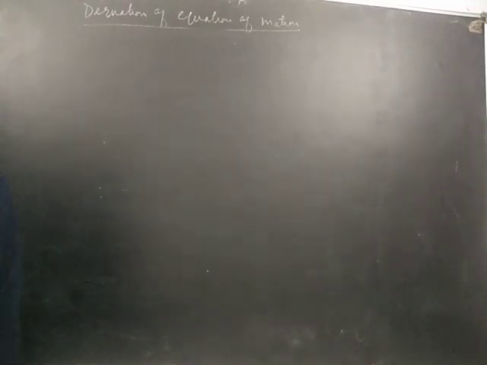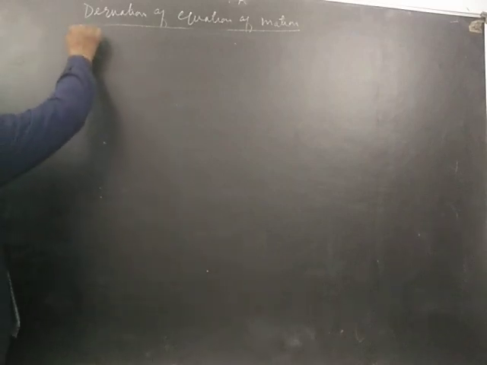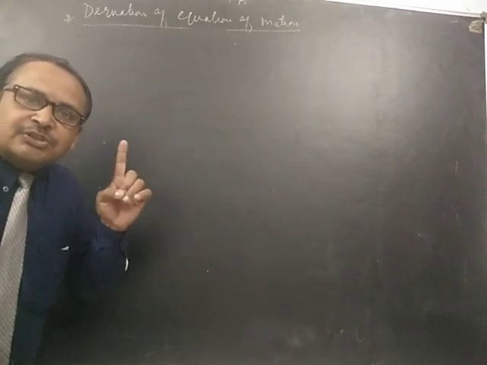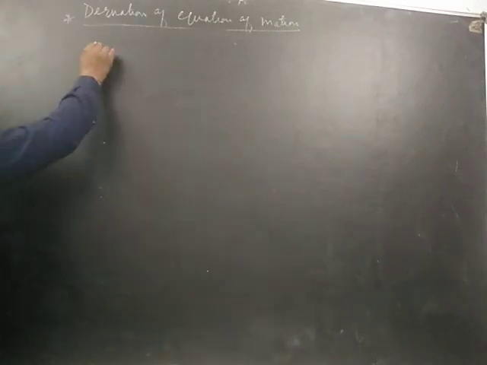The introduction always remains the same. There is no change possible. Now my dear friends, it is very important for us to focus on this concept of the derivation of the third equation of motion.